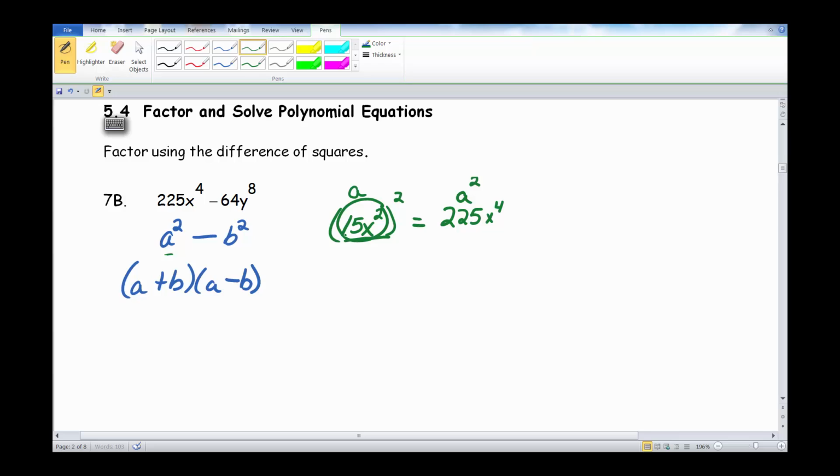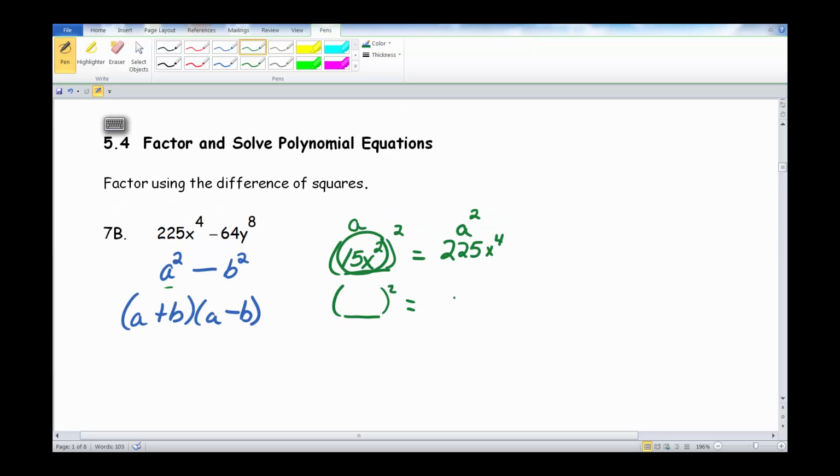Now we're trying to get b. And the nice thing about finding b is it's actually the exact same process. So we're asking ourselves what squared gives us that 64 y to the 8th. Because again, that second piece is really just our b being squared. So we are asking ourselves what number, when we square it, gives us just the number 64.